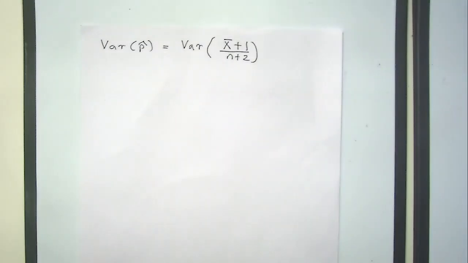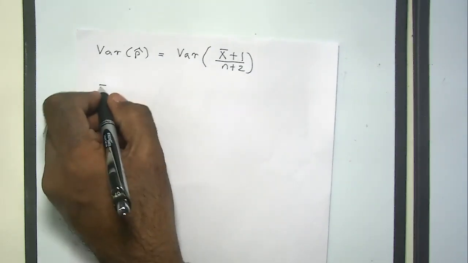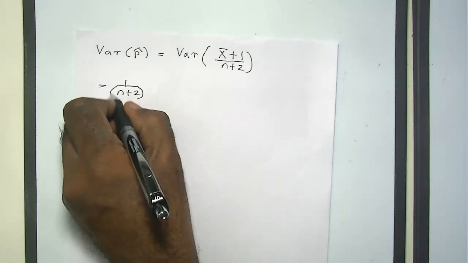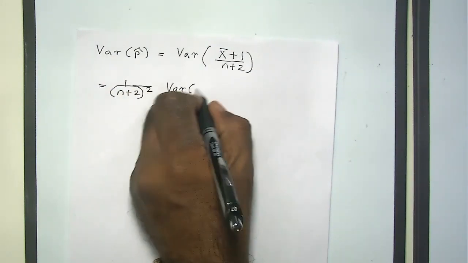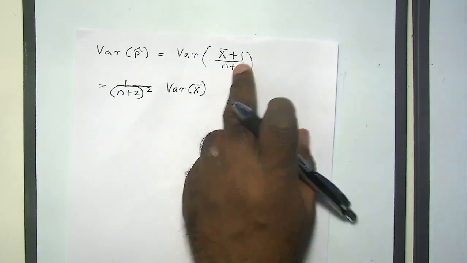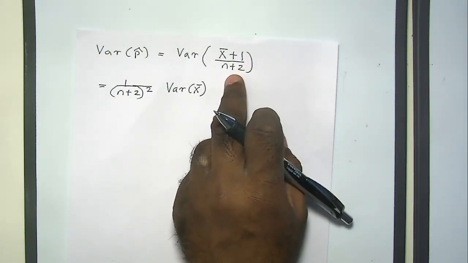Now using the properties of variance, you can write this as follows, because adding or subtracting a constant does not change the variance. So this one does not matter. The only thing that matters is the one you divide by.